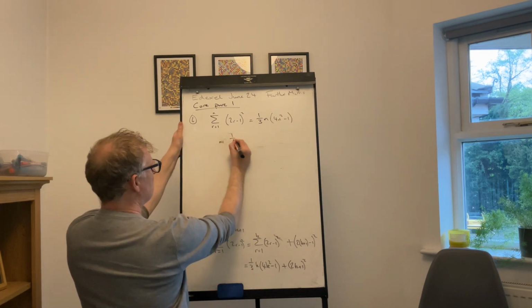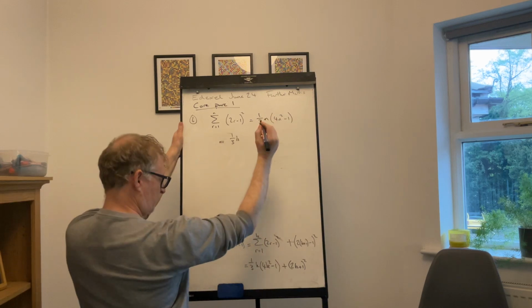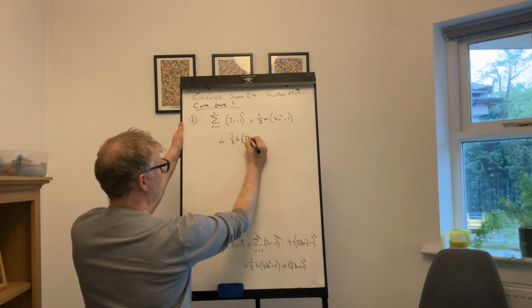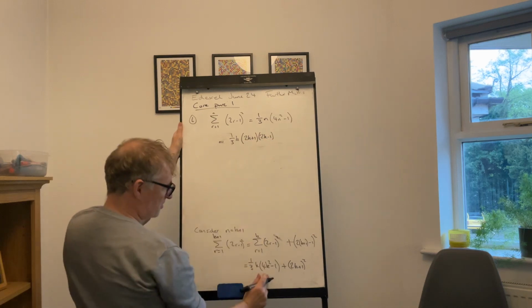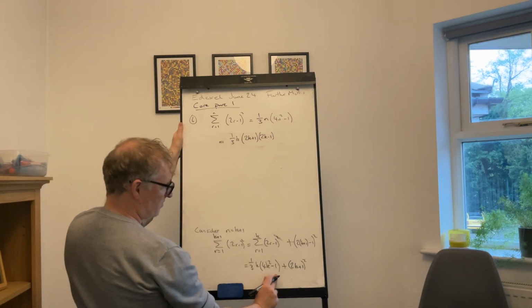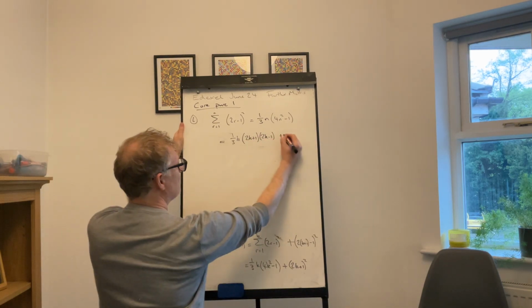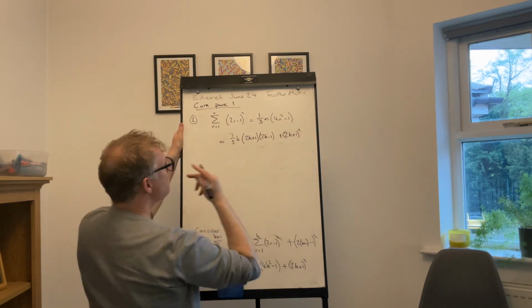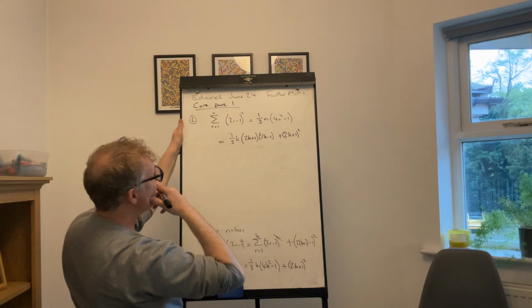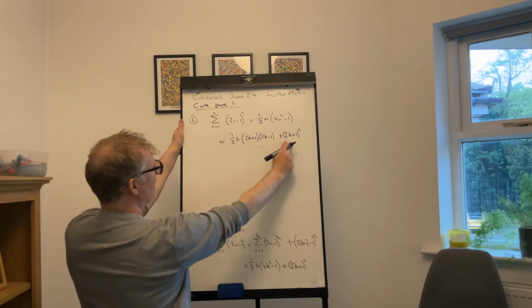So that's going to turn into a third k (2k plus 1)(2k minus 1). So difference of 2 squares on that, 4k squared minus 1. And here we've got (2k plus 1) squared. Okay, now then, I'll take the 2k plus 1 out then.